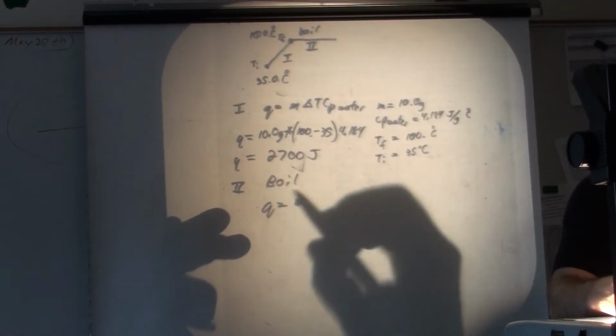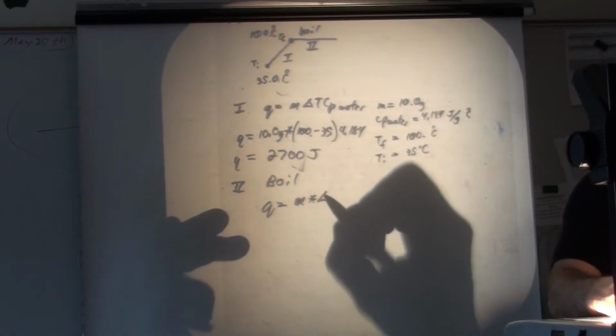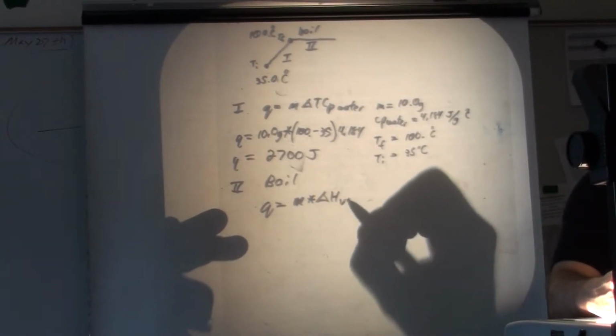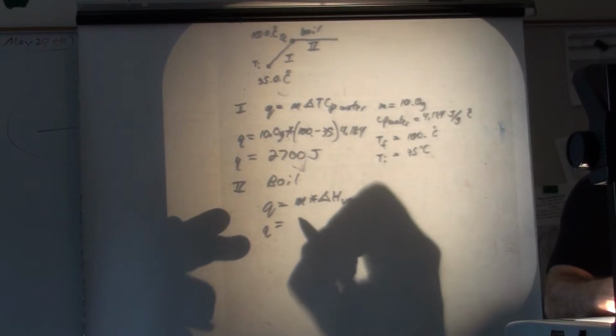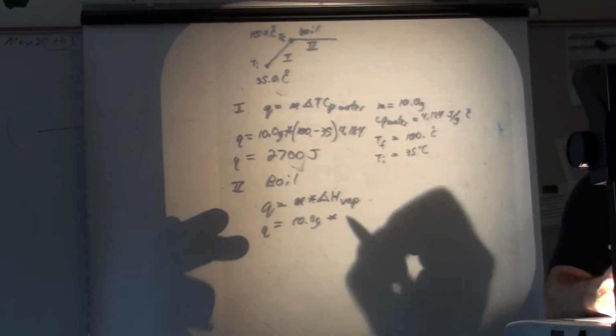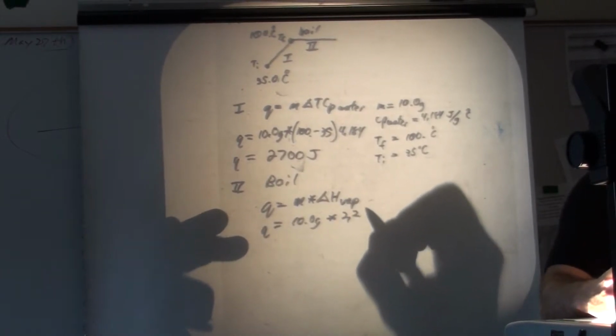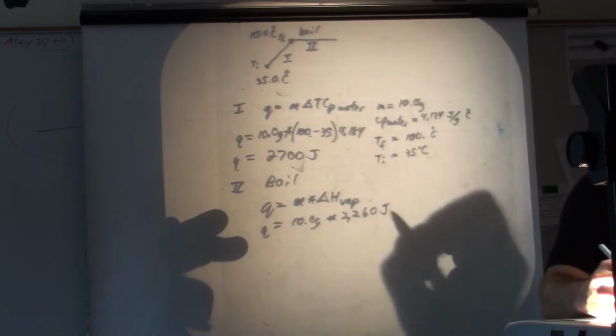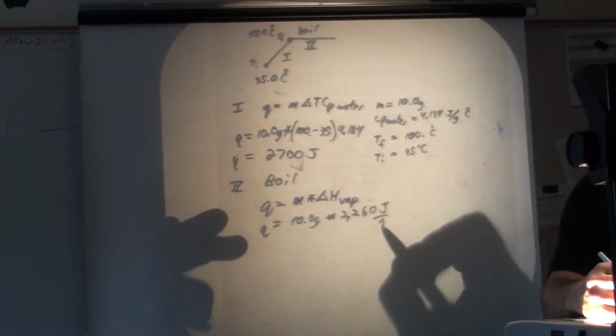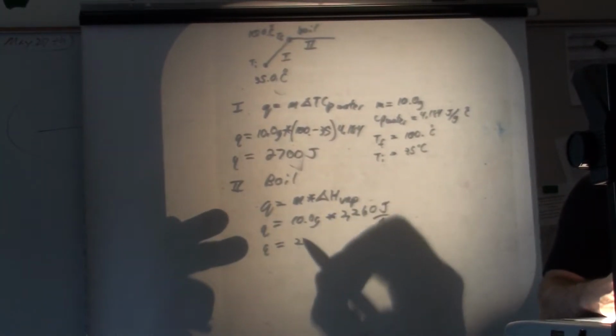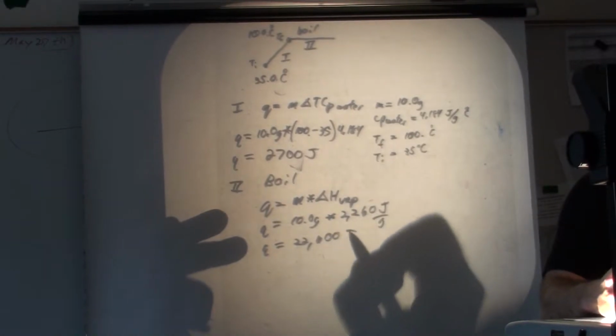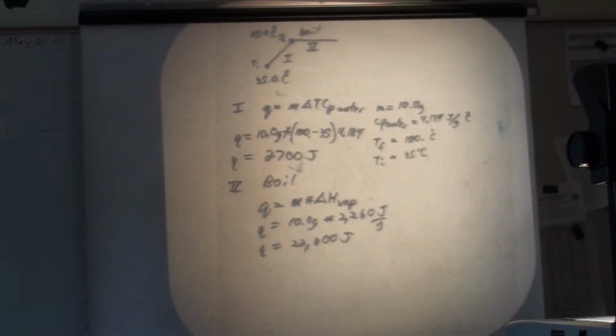Now you use a different equation. Q is equal to mass times the delta H of vaporization. Our mass is 10 grams. Delta H of vaporization is 2,260 joules per gram. That's the amount of energy it takes to boil. But we're not done yet, Igor.